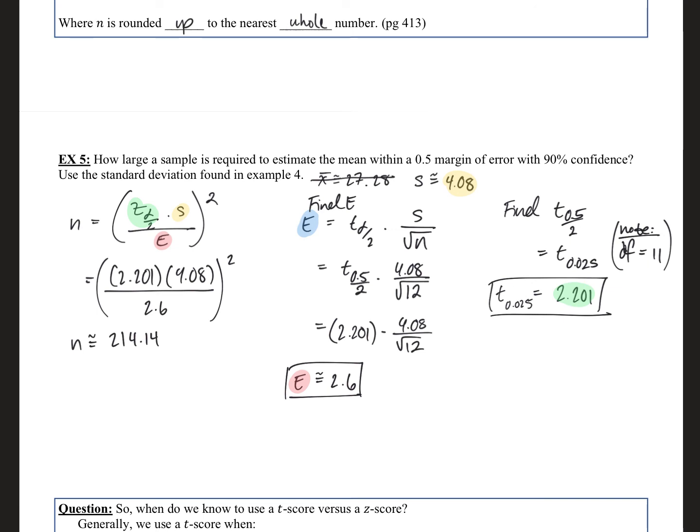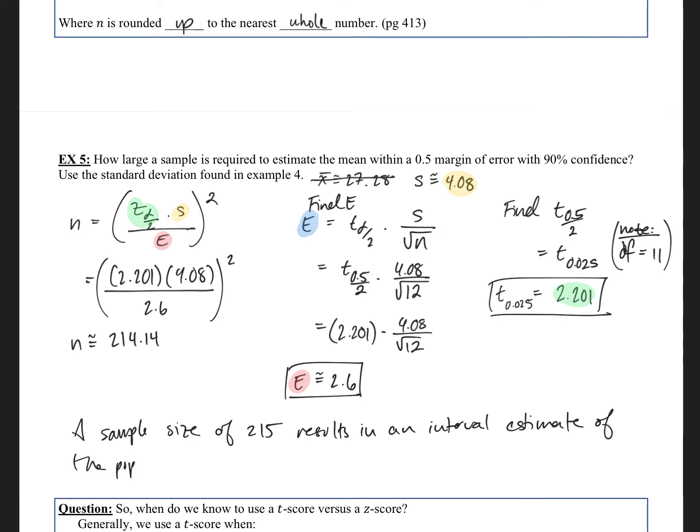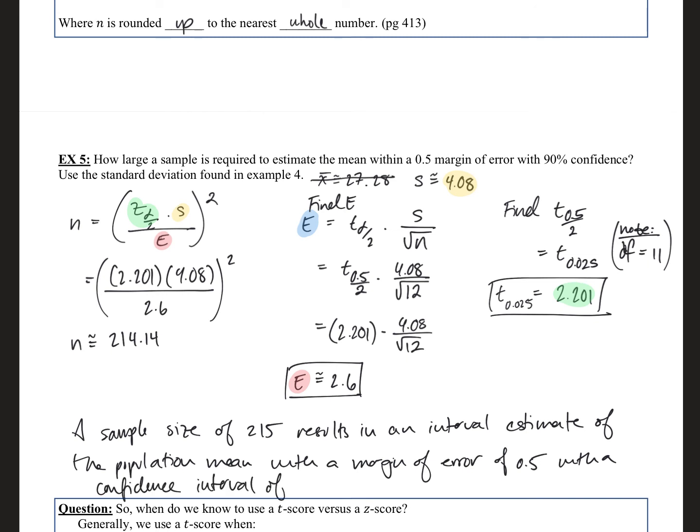So what does this mean? Well, a sample size of 215 results in an interval estimate of the population mean with a margin of error of 0.5 with a confidence interval of, let's see, what we're looking at, a 90% confidence interval.